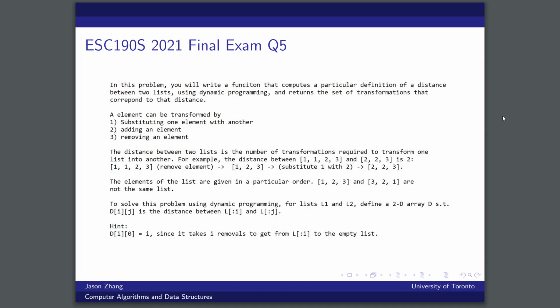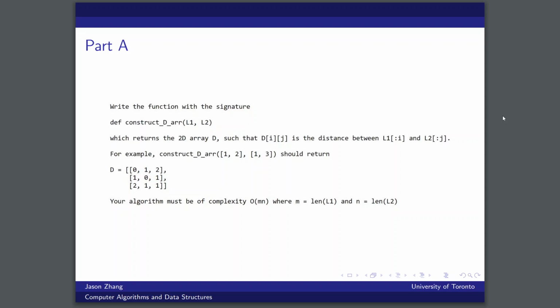And we're also given this very useful hint at the bottom where D[i][0] is equal to i because it takes i removals to get from L1 up to the ith element to the empty list. And it's the empty list because going up to the 0th element will just give you the empty list for L2. I know this is all very sort of abstract right now. I'll try to make this a little more concrete.